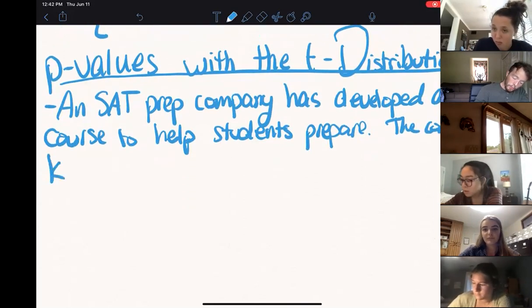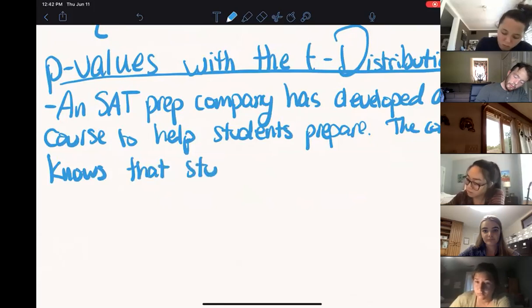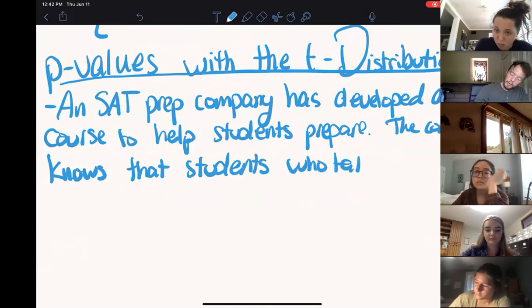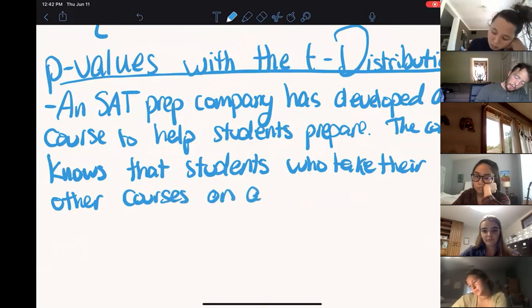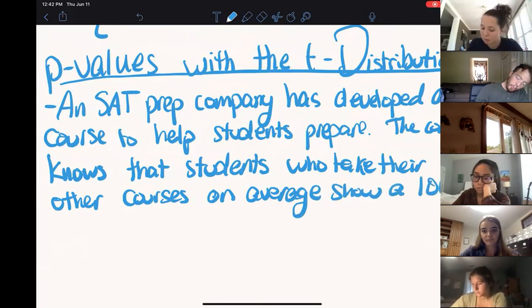The company knows that students who take their other courses on average show a 100-point improvement.